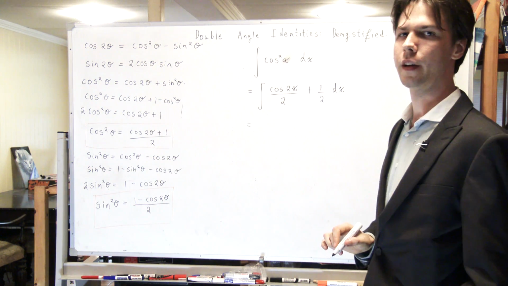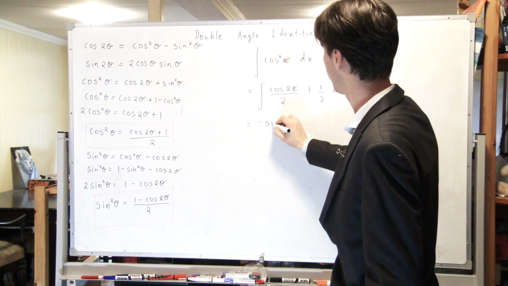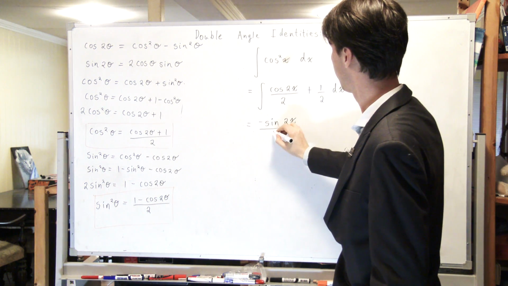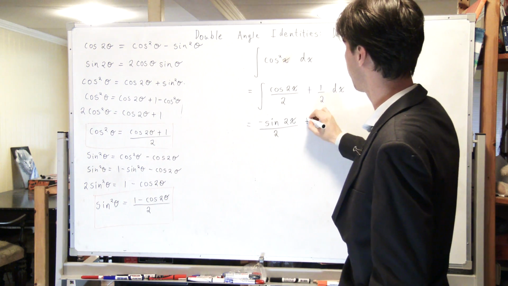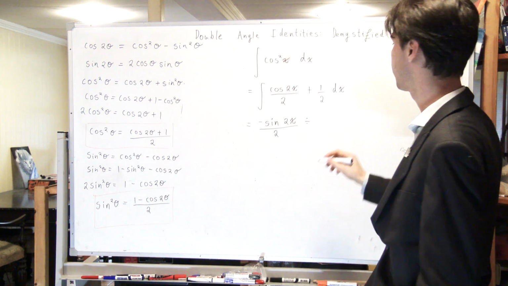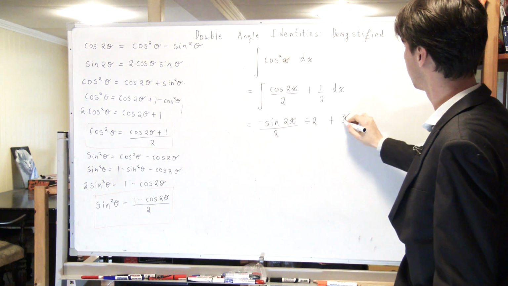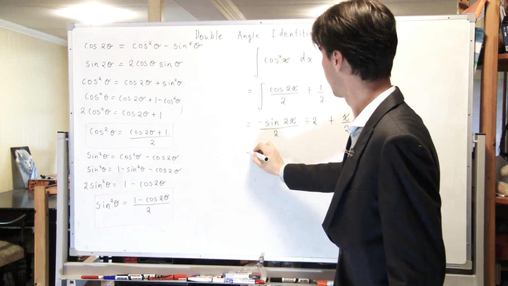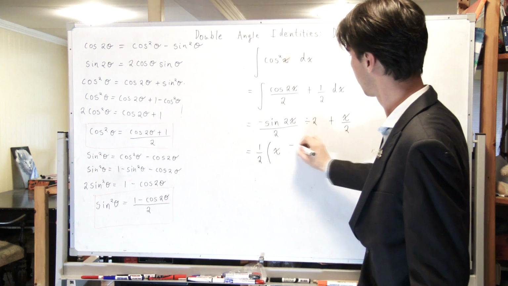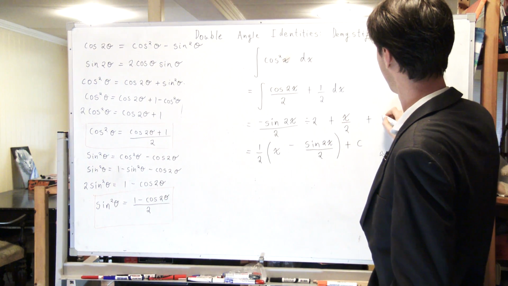Now, that's easier. The integral of cos is sine, and it's sine of 2x. Divide by 2, then we also have to divide by the derivative of 2x, because this is a u substitution problem in disguise. And then the integral of a half is x on 2. So if you take out a factor of a half, it becomes that plus c. Always add c.